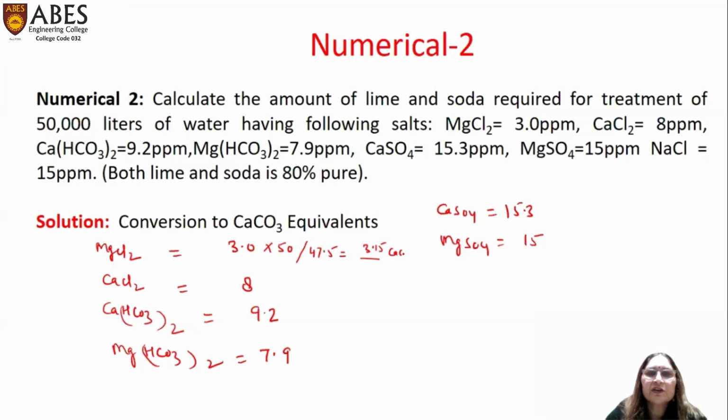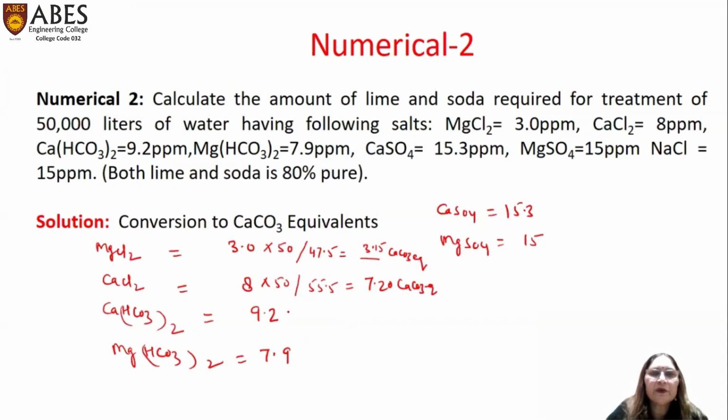3.15 calcium carbonate equivalent. 8 into 50 divided by 55.5, and the answer is 7.20 calcium carbonate equivalent.